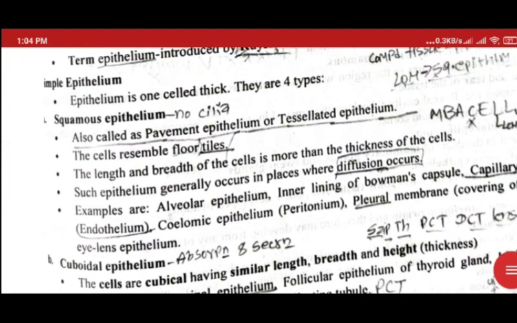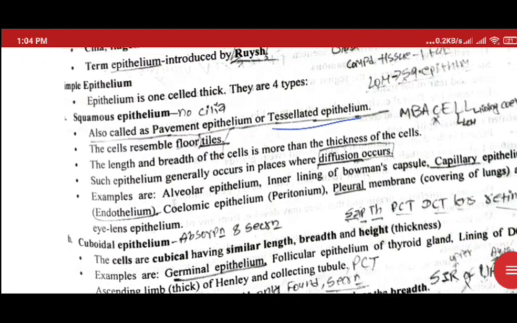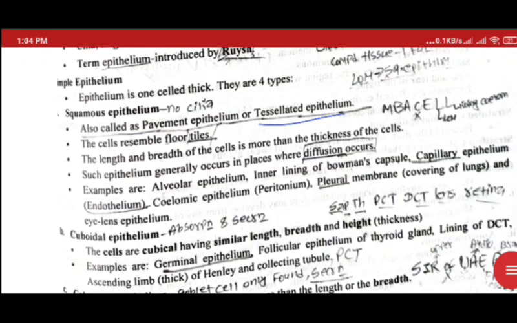So it is called tessellated epithelium, pavement epithelium, or floor tiles epithelium.